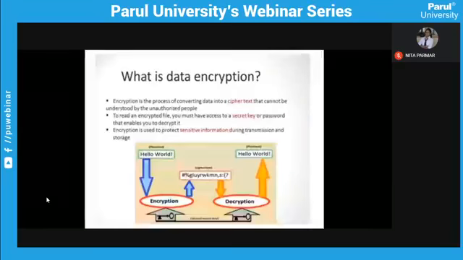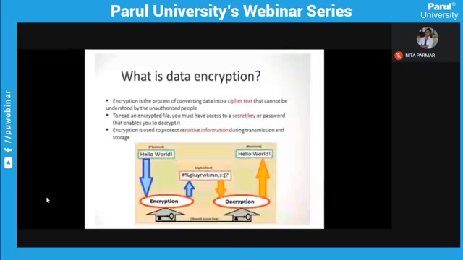For example, I am sending my information and making it encrypted with my encryption algorithm, and in between a hacker steals this text, the ciphertext. But he cannot deduce my information.